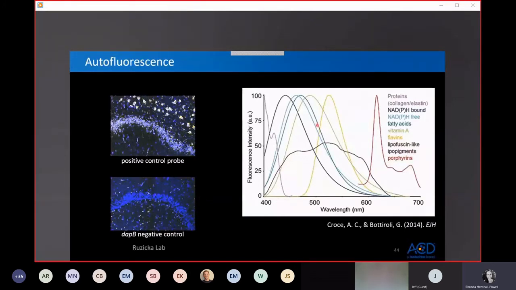On the chart on the right here, this brownish line, this sort of broad emission profile, corresponds with the emission spectrum of lipofuscin. It just accumulates over time in lysosomes of postmitotic cells, such as neurons or cardiomyocytes, for example. The exact mechanisms of its accumulation are unclear, although it often correlates with aging. And there's just not much we can do about this intrinsic autofluorescence. So it's really helpful to have your negative control for imaging to make sure that you know what's true signal and what's not.